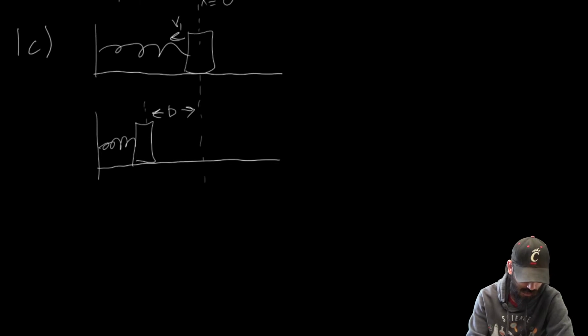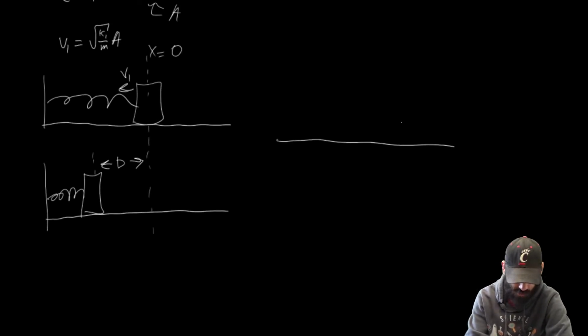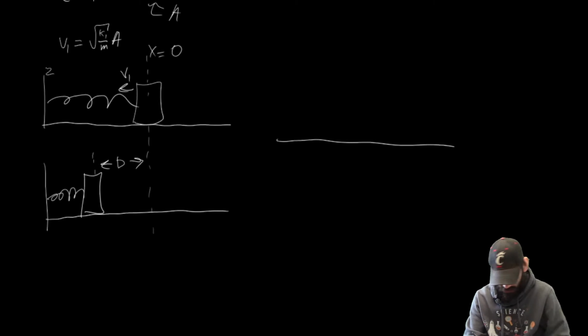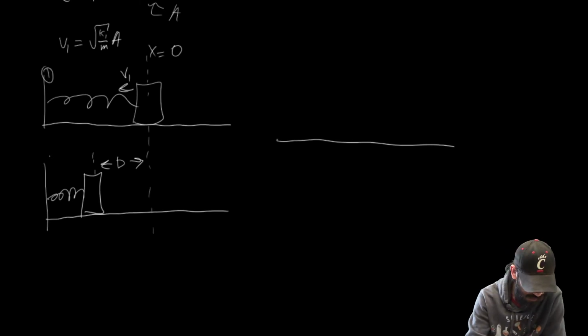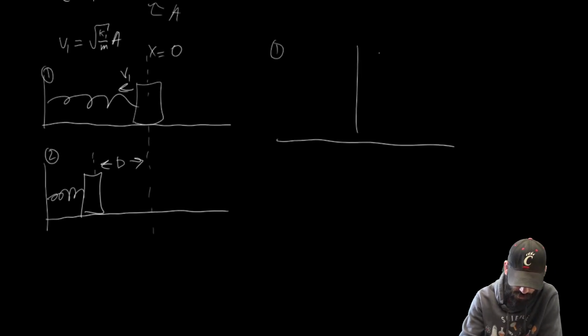Again, what we can do is go to our energy bar charts. Let's call this state 2. Actually, that's what I called state 1 before, but let's keep it with a 1, 2 notation. So this is state 1, this is state 2, and this is K1, U1, K2, U2.